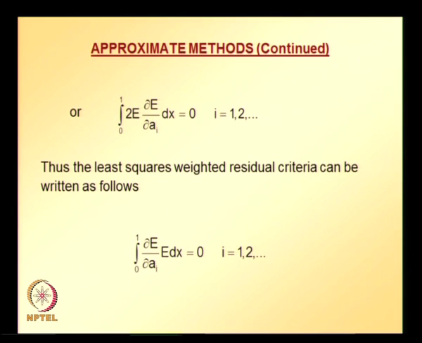So the least square weighted residual criteria can be written as integral 0 to 1 partial derivative of E with respect to A times E dx is equal to 0. So this is the least square weighted residual criteria, and whatever statement I made earlier can be revised based on this equation.